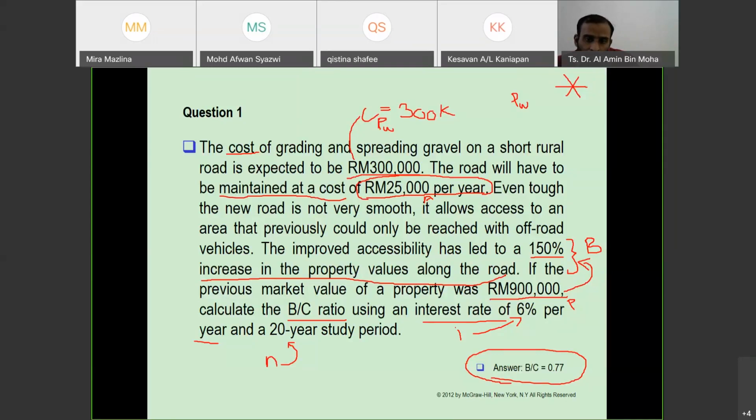Maybe the tricky part here is to calculate the benefit. So we are going to use the increment value only. What is 150% from 900?